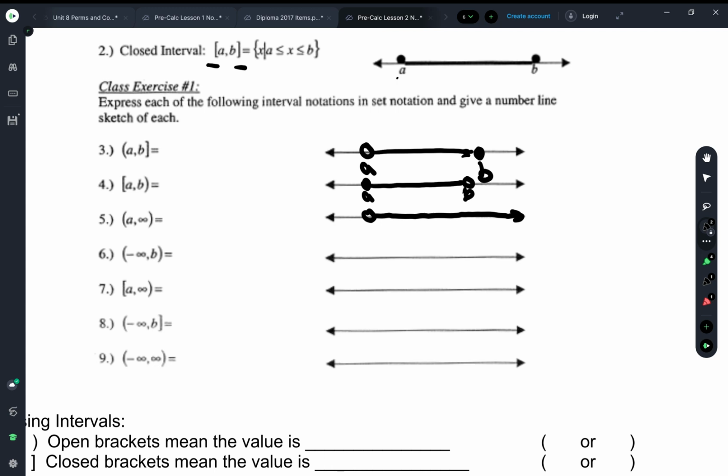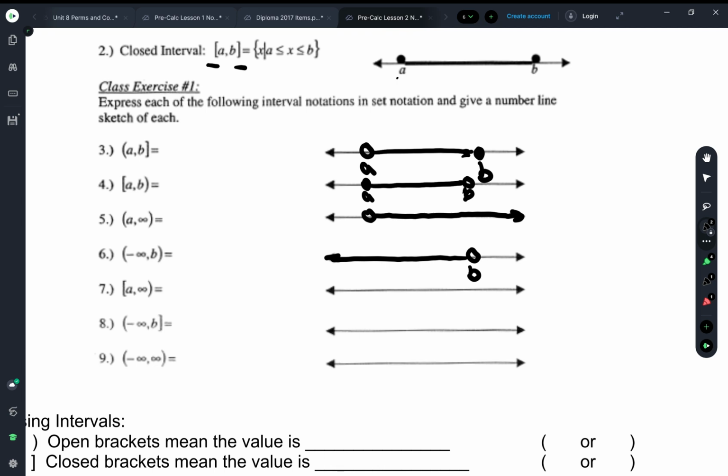Remember, A to infinity is the same thing as just greater than A, right? Because it's A and everything larger. Okay, and then B to negative infinity. So you have a B, and you're going the opposite direction. Open dot, like so. Remember, the open dot on A and B there have nothing to do with the infinity. You can close the A and B, which we'll do now.